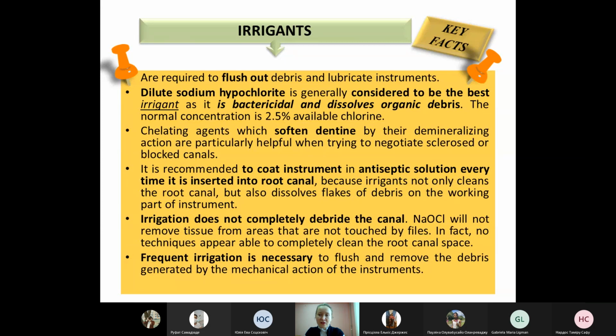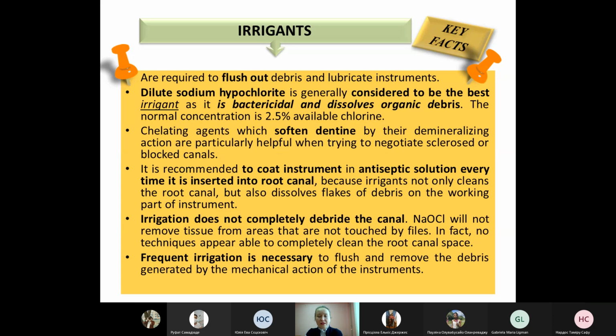Chelating agents, which soften dentine by their demineralizing action, are particularly helpful when trying to negotiate sclerosed or blocked canals. It is recommended to coat the instrument in antiseptic solution every time it is inserted into the root canal, because irrigants not only clean the root canal but also dissolve flakes of debris on the working part of the instrument.